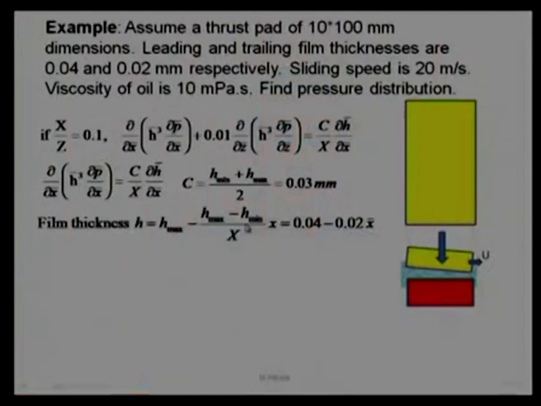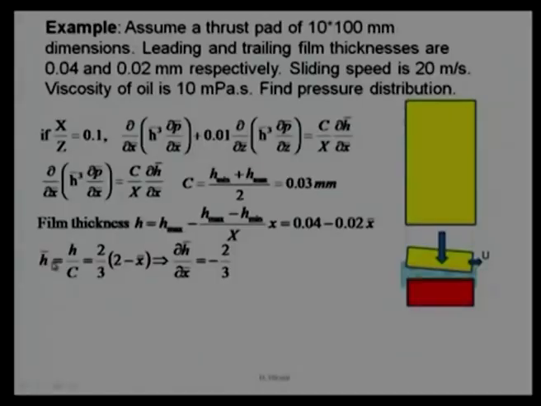However, we know very well that we require x bar, we are doing a non-dimensional number, and x bar is simply x divided by capital X. So, that is why it is written clearly over here, x divided by capital X is x bar, and this 20 micron can be represented in terms of mm, that will turn out to be 0.02, and this 40 micron will turn out to be 0.04. Now, we can non-dimensionalize this film thickness using capital C value, that in our case is 30 micron or 0.03.